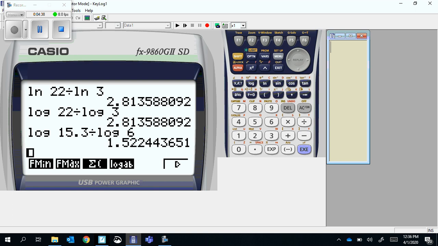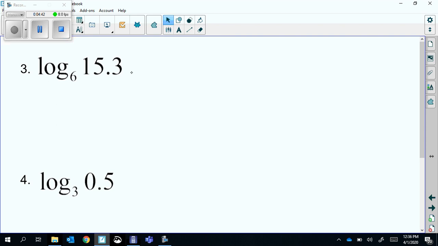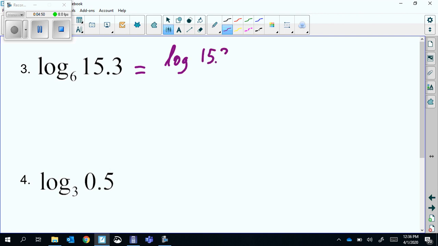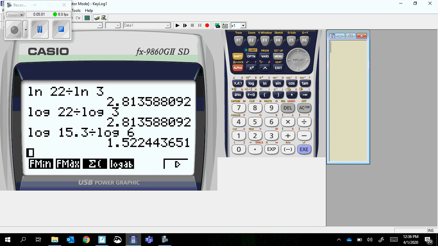And that's 1.522. So again, writing it out, change of base, you could write it out as log 15.3 divided by log 6, and our approximate answer was 1.522.